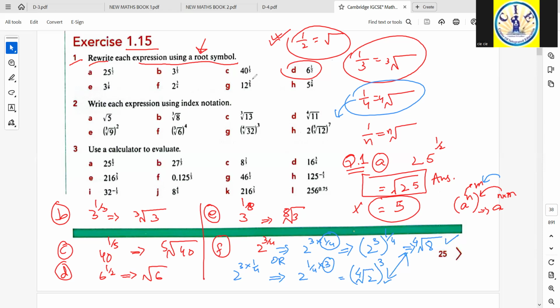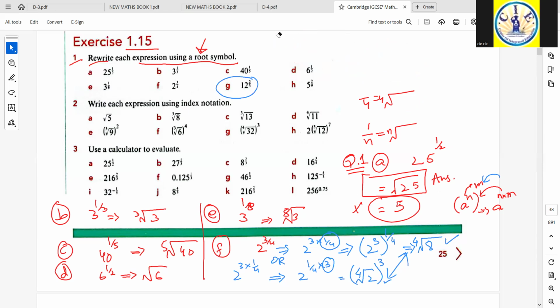In the same way, for part G, using this format, I can have 12 raised to power 2 by 3.